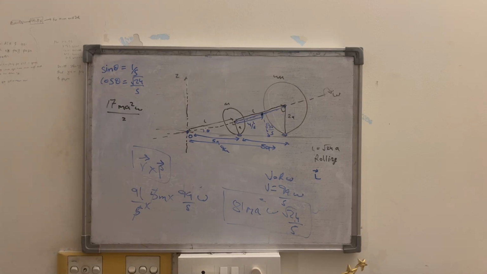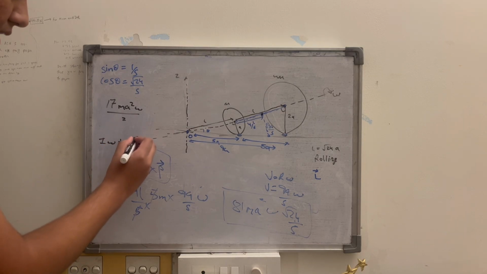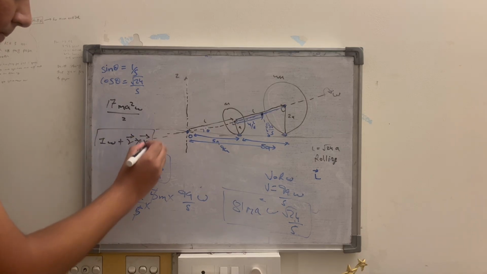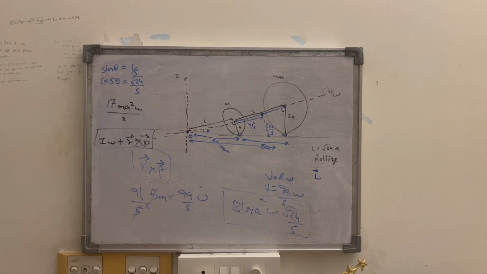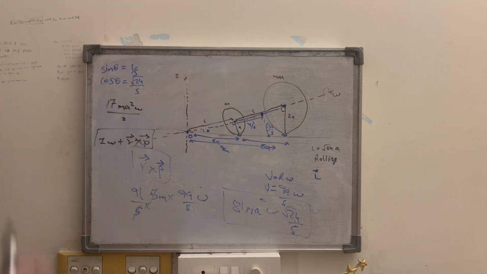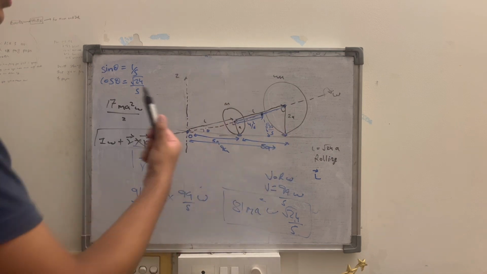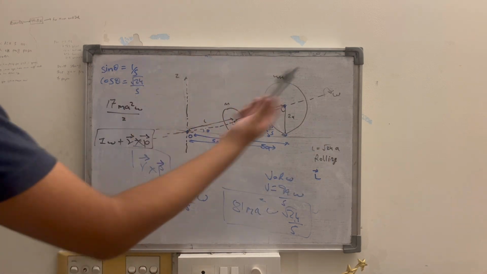So in CRTM, we know that the angular momentum is I omega plus r cross P, right? This is the angular momentum in CRTM. But if you see, the center of mass is also moving, right? Center of mass is also going like this.